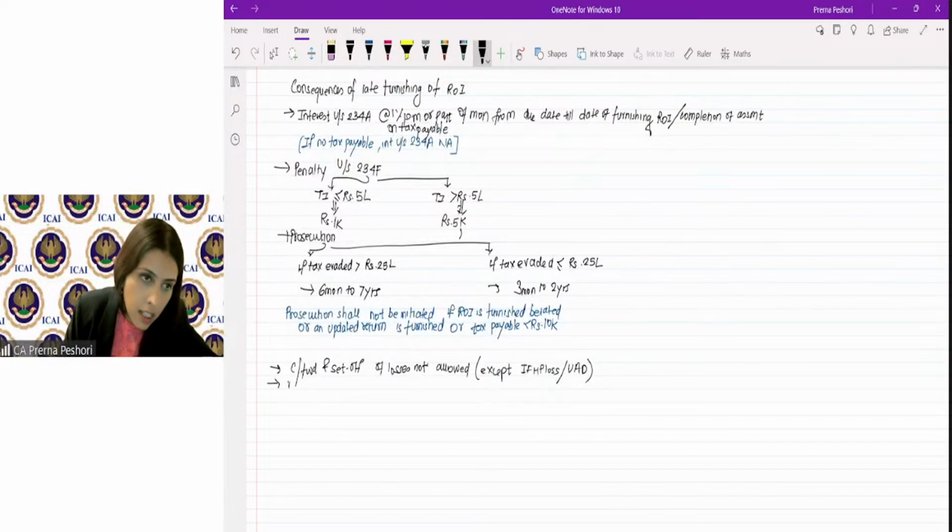Secondly, non-allowability of Chapter VI-A deductions linked to profits or Section 10AA deduction.